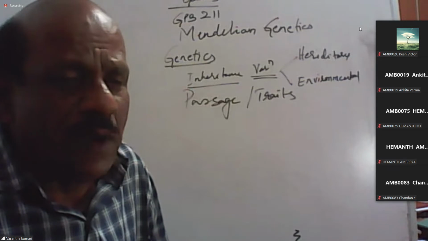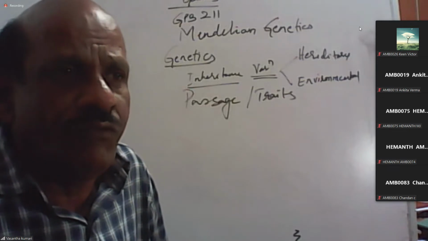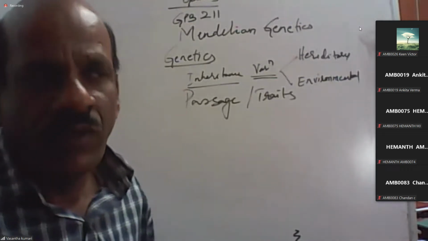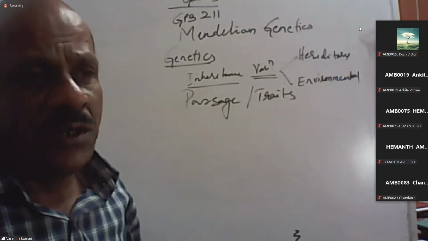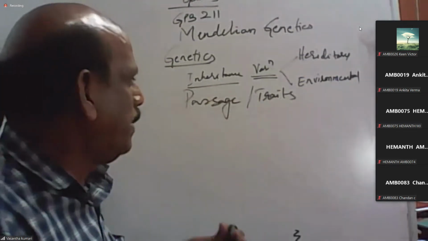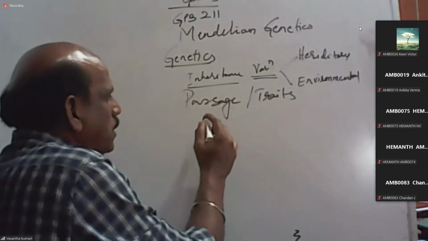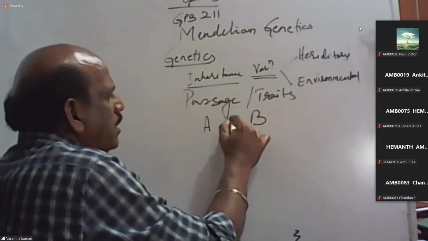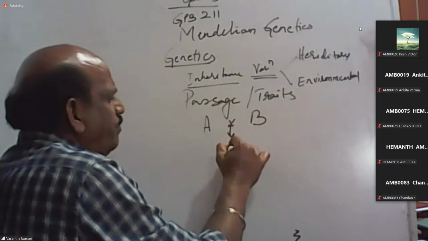Hereditary variations primarily arise because of recombination between alleles from the two parents. So what happens is you have parent A, then you have parent B, then you have the F1.